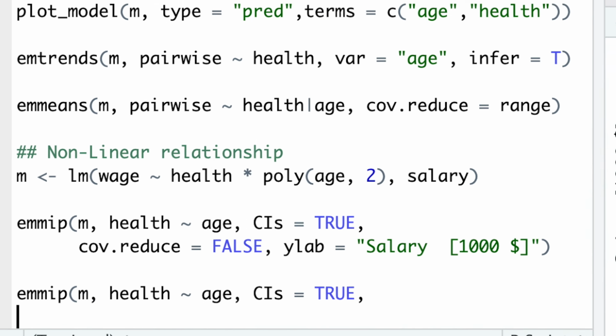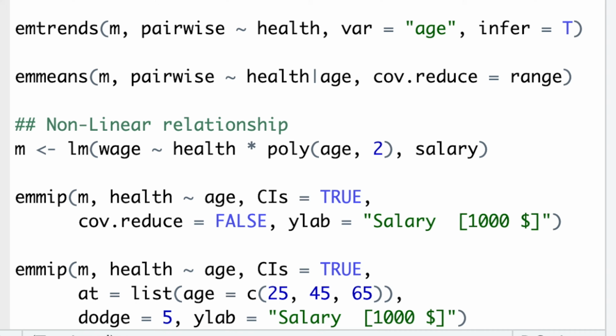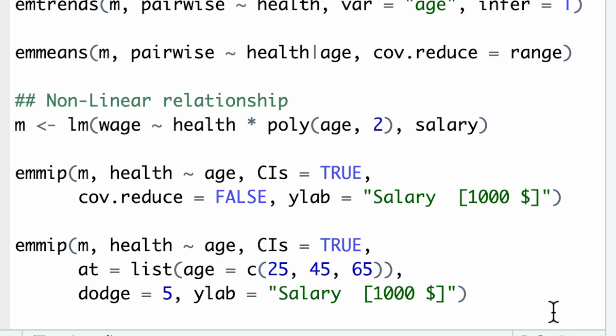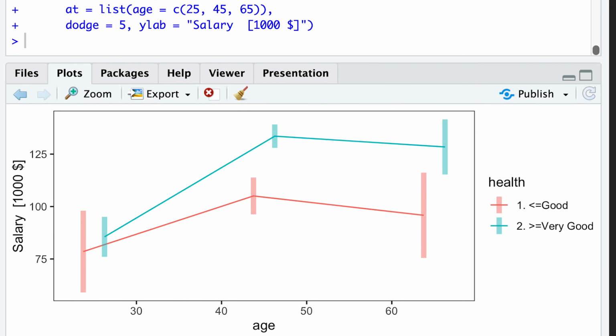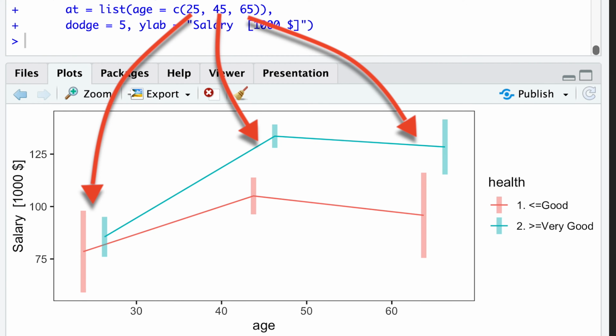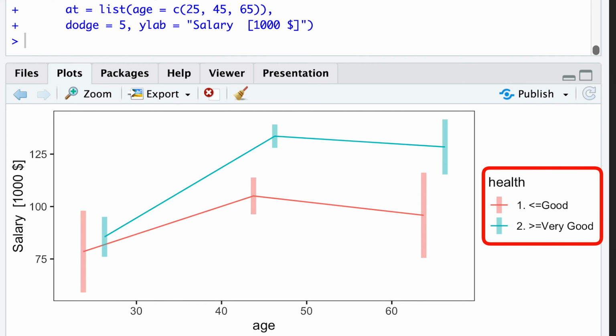The at equals list argument allows us to specify exact ages. Let's, for example, take 25, 45 and 65 years, representing the beginning, middle and the end of a career. And all of a sudden, it looks like we are comparing two categorical variables, with age having 3 categories and health having 2.